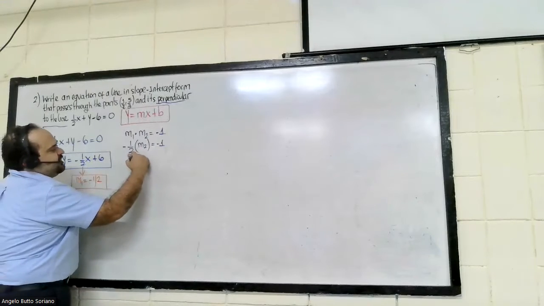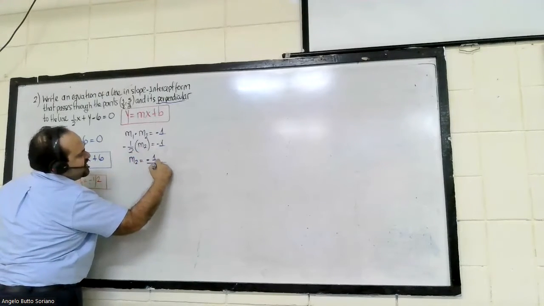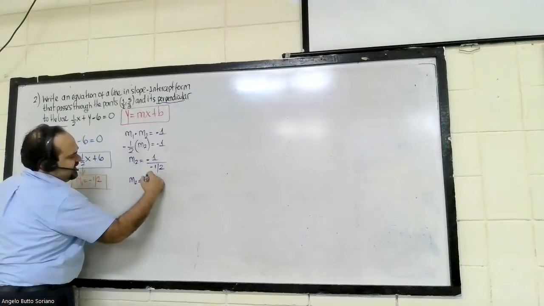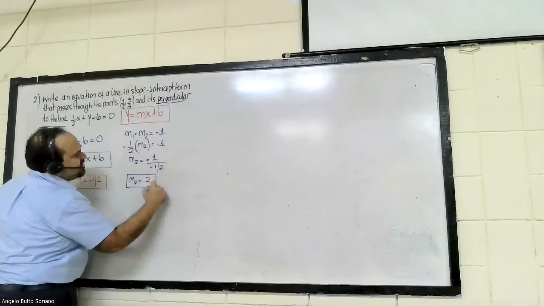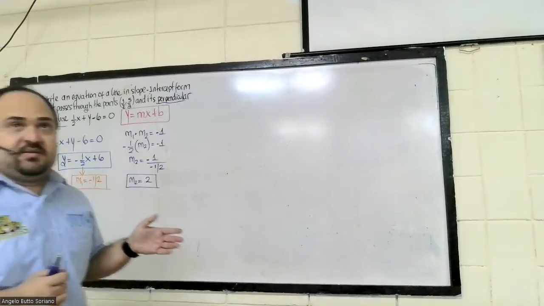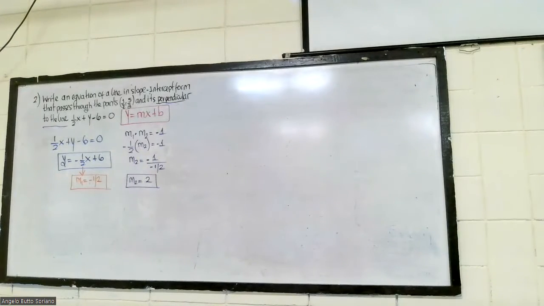So m2 will be equal to -1 over -1/2. So the second value of the slope of the line will be 2 units, because negative divided by negative is positive, and at the same time, 1 divided by 1/2 is 2 units.